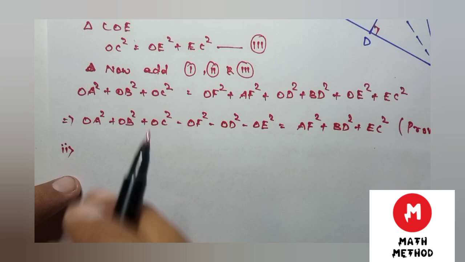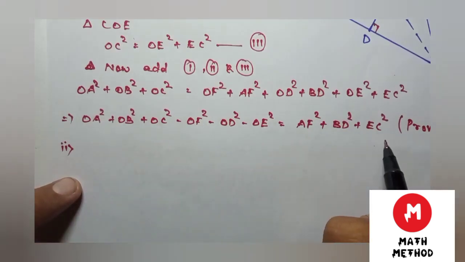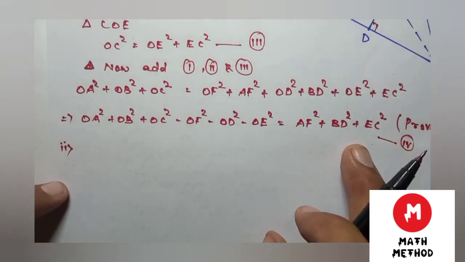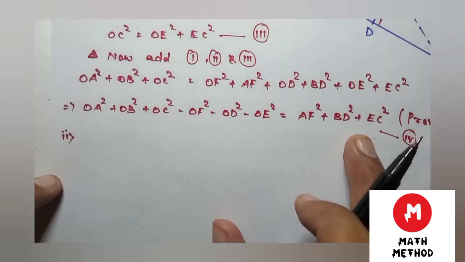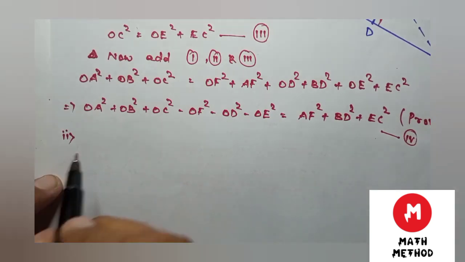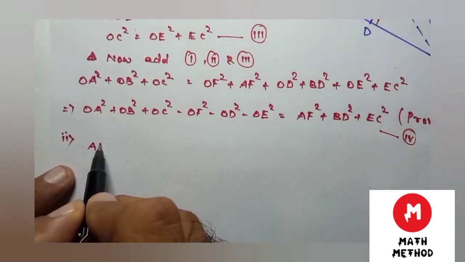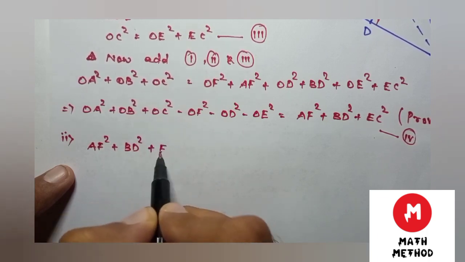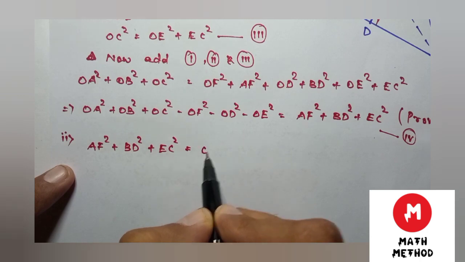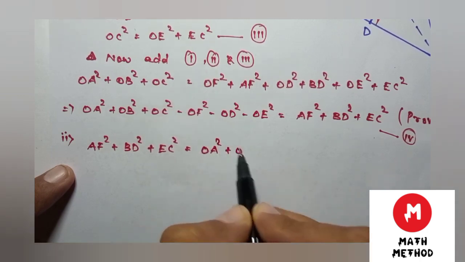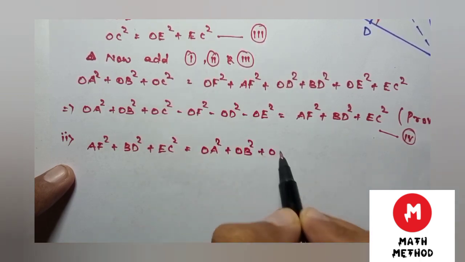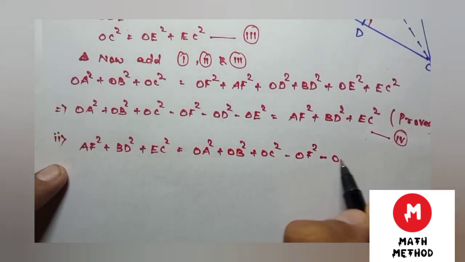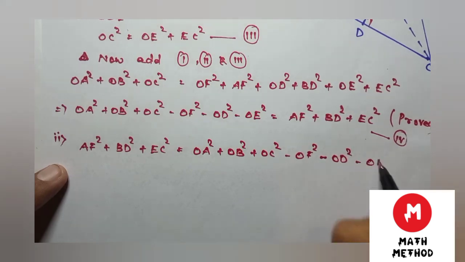Now from equation number 4, we have proved this in part number 1. So in this we got that AF square plus BD square plus EC square is equal to OA square plus OB square plus OC square minus OF square minus OD square minus OE square.